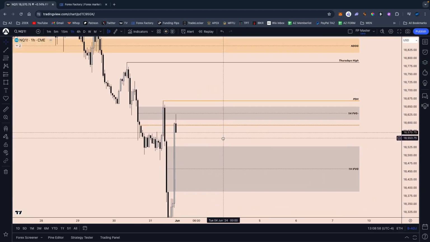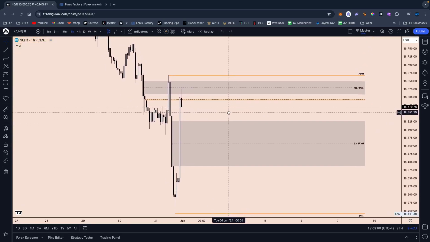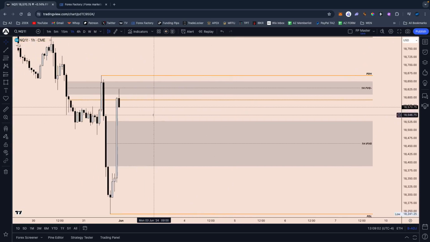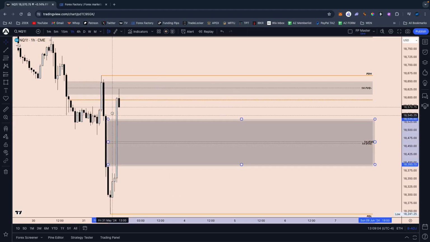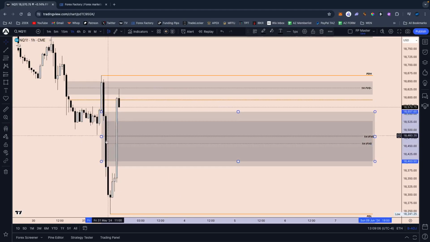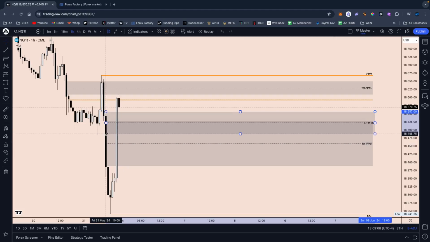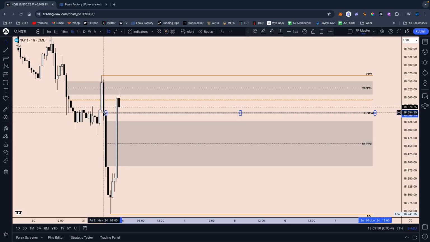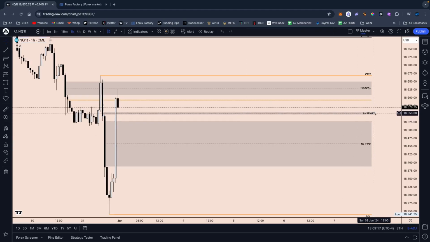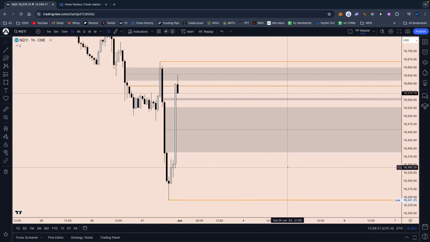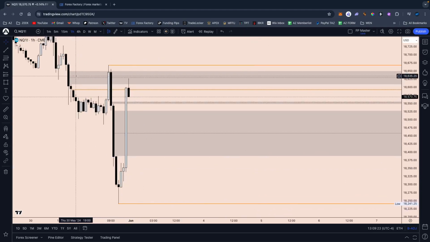For Monday, what other fair value gaps would be interesting here on the hourly time frame? Well, we have another little inversion fair value gap here on the hourly. Very little. Let's put it on there, just for the sake of it. 1 hour inversion, 1 hour bearish.